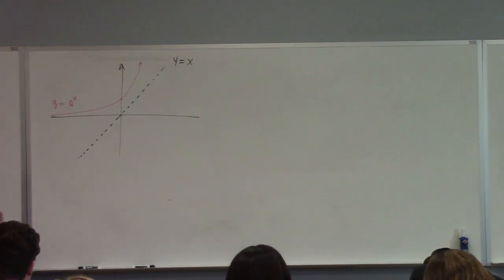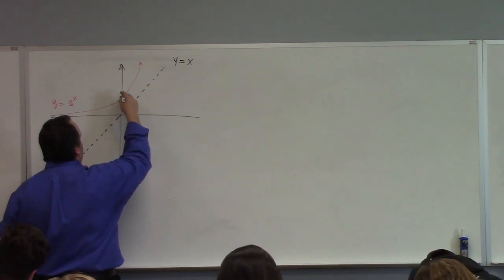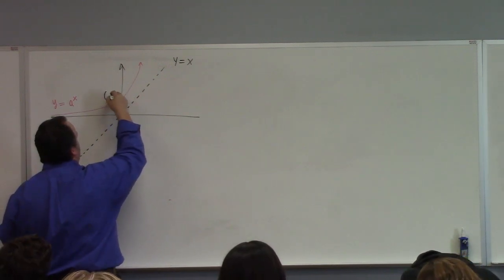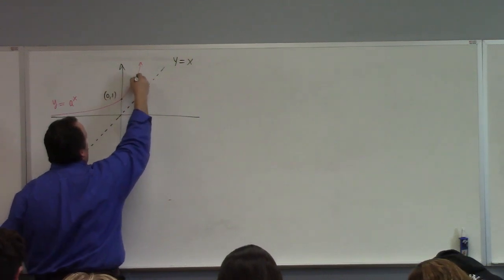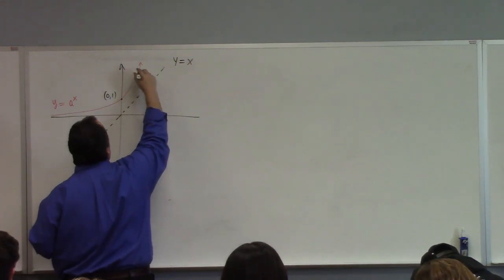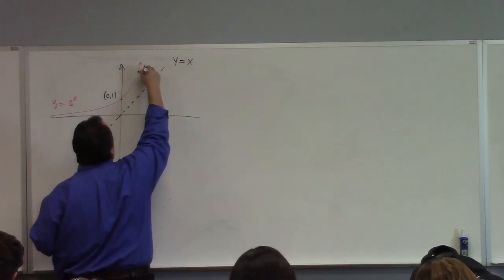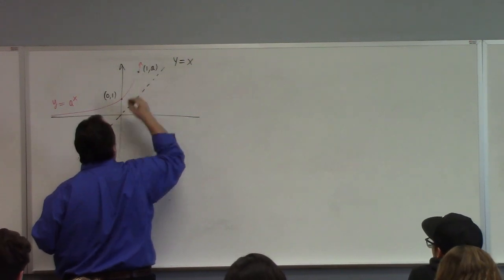And for instance, here's something to notice. This point right here is what? It's 0, 1. And there's another point up here somewhere, say here, which would be 1, a.